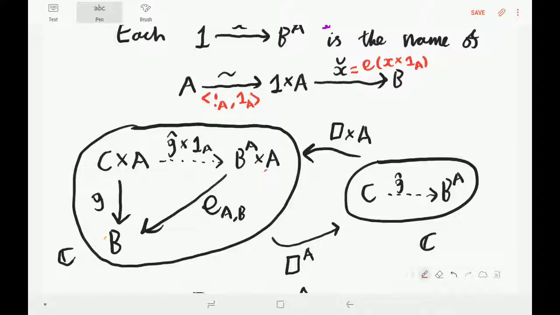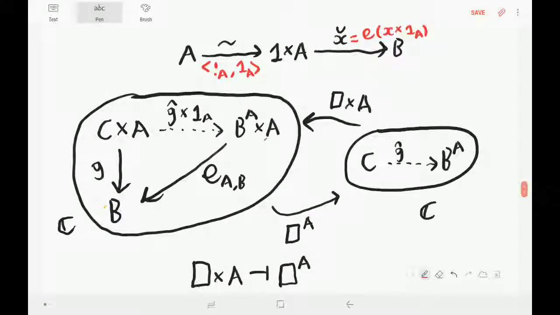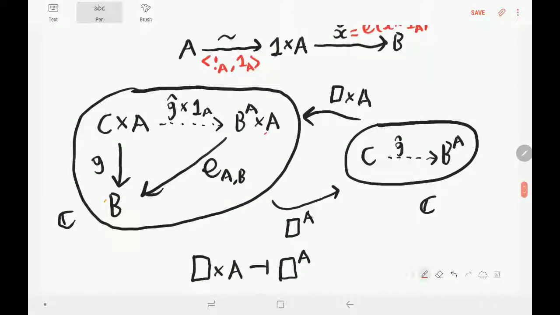And this is interesting. So, okay, we have this then, that the exponential functor, blank to the power of A, is the right adjoint of this product functor blank times A, which is interesting. But yeah, we want to know how this thing works on arrows now.